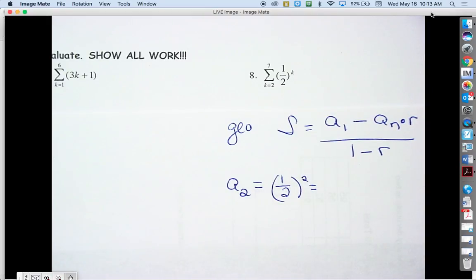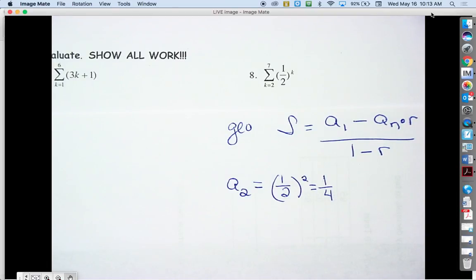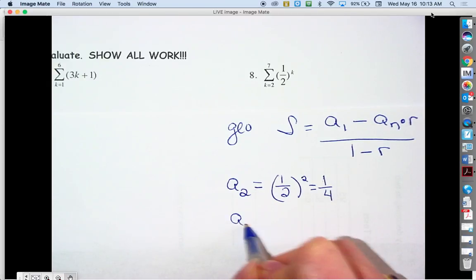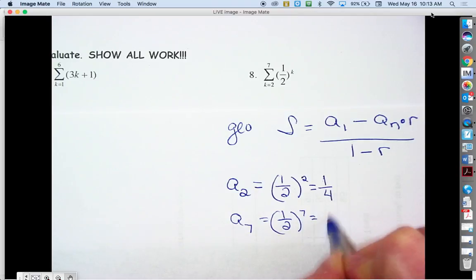Tyler, do you know what 1/2 squared is? 1/4. The last term is whatever's on the top, and that is a 7. So to find the last one, you're plugging in a 7. So then we have 1/2 to the 7th power, which is, I think, 1 over 128. Is that right? Yeah.